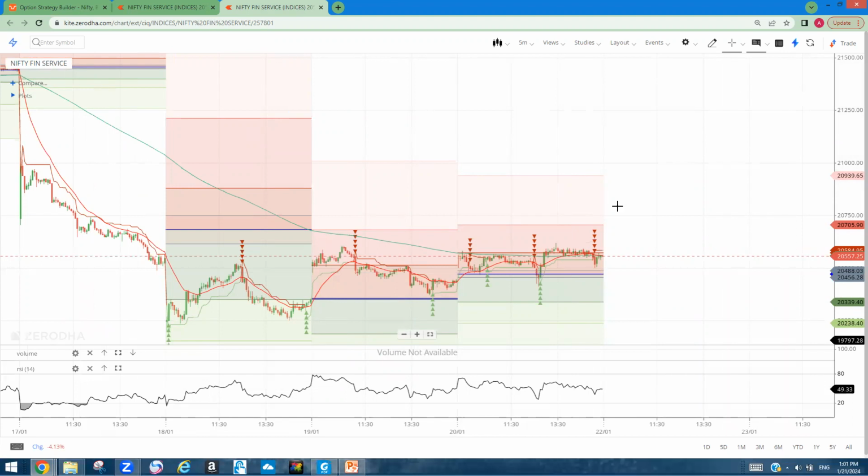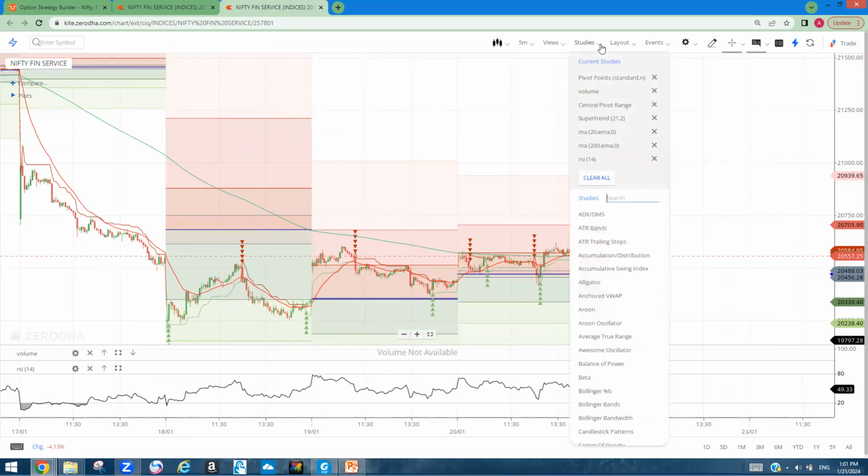Now the basic what you see here, if you are new to this platform, this is Zerodha's charting platform from IC Charts, and these are the studies or indicators I am using. We have pivot points, volume is not required.